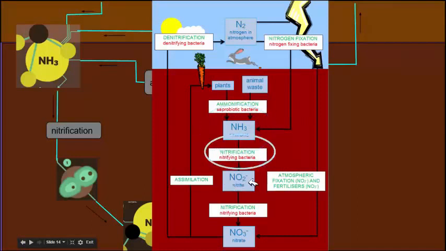So from nitrites it's going to nitrates, which can further be used through denitrification back to the simple shape of N2 in the atmosphere, or could be assimilated by plants, which further could be eaten by animals, and then we end up with animal waste or dead tissue from both plants and animals, and it goes back to the ammonification process of ammonia through nitrites to nitrates, which can be further used in this process.